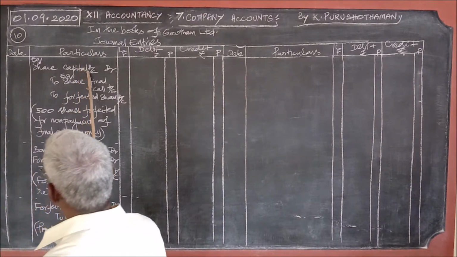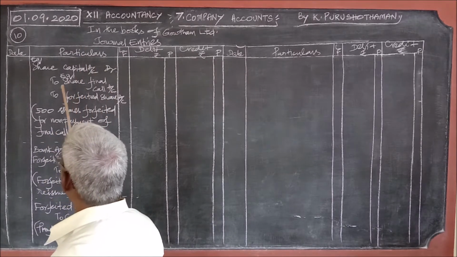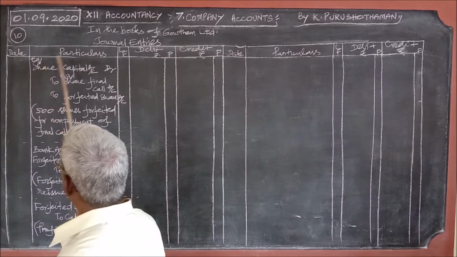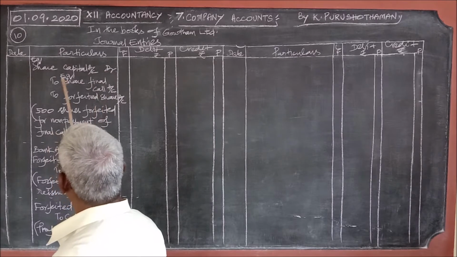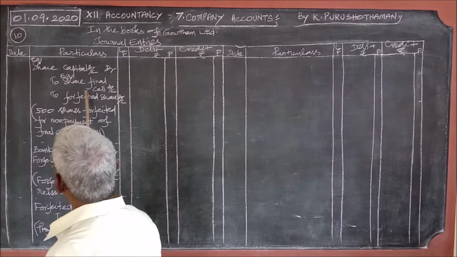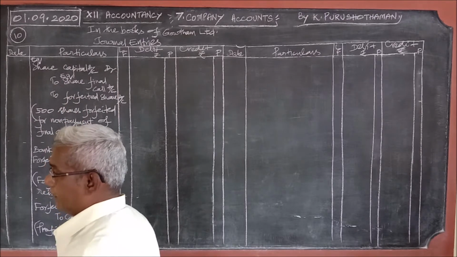So, how have I written the journal entry? In the forfeited share journal entry, debit share capital account compulsory, and on the credit, forfeited share account compulsory. But there are some other entries on the credit. What should be written there?